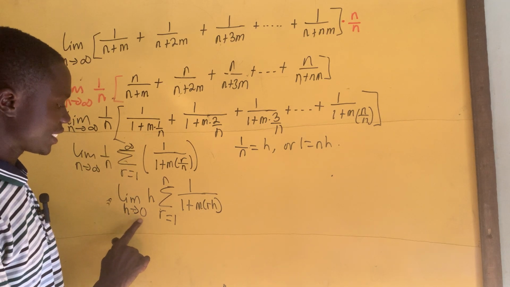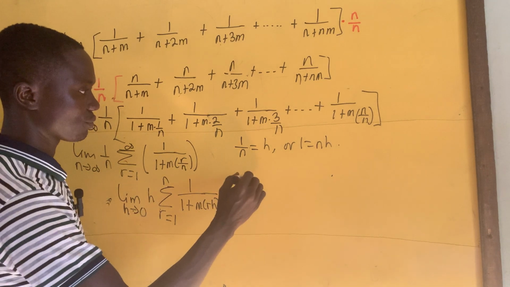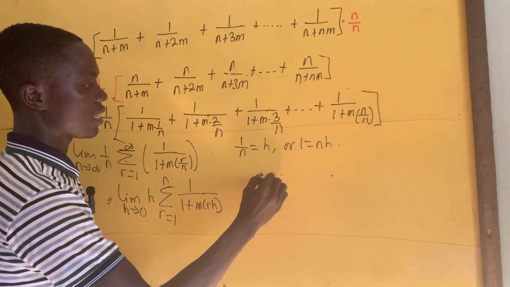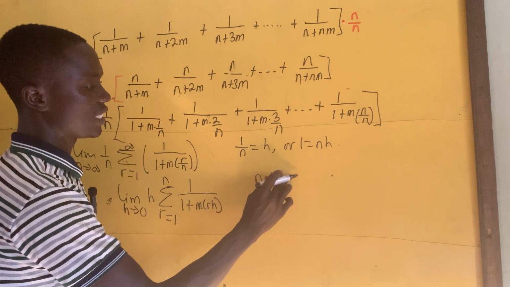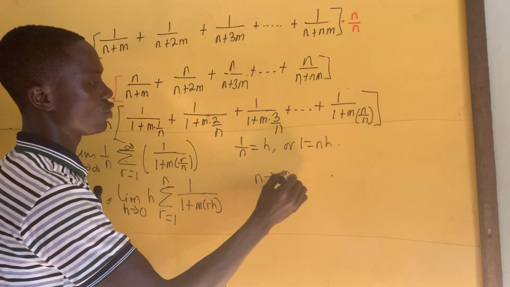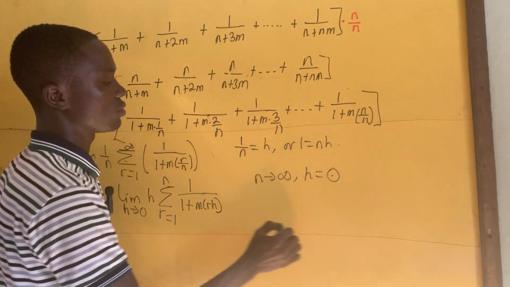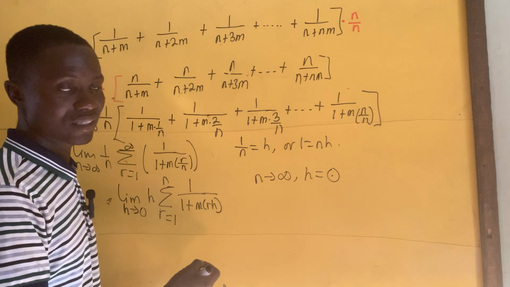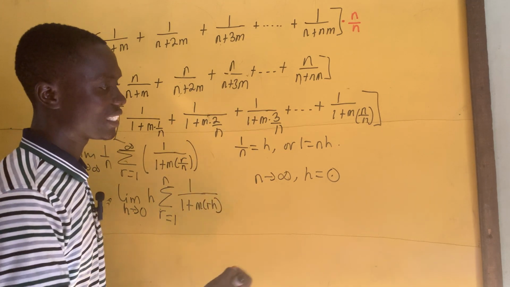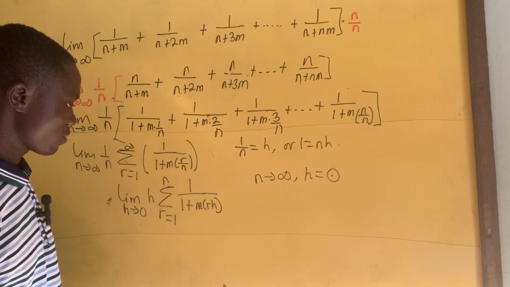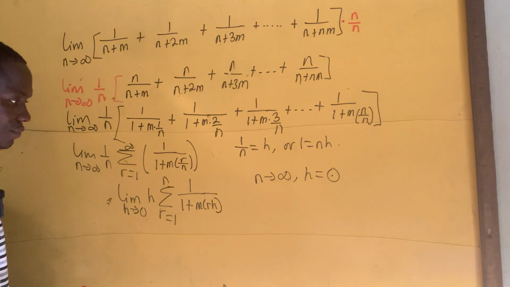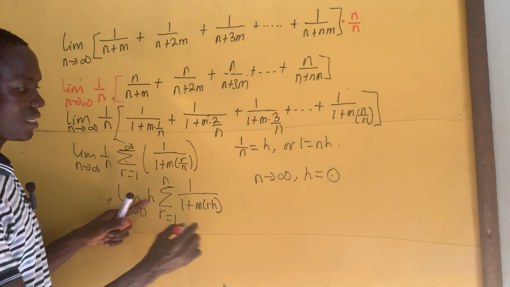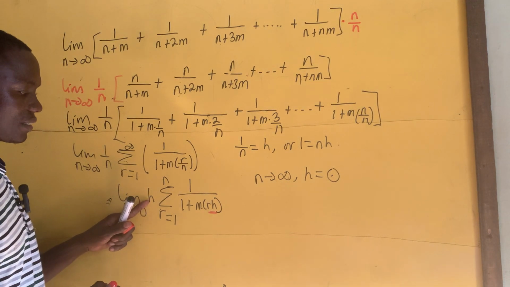So why are we taking h goes to 0? Because as n approaches infinity, h will be 0. As n becomes extremely large, 1 divided by a very large number gives us 0. So we replace rh by x and h by dx.